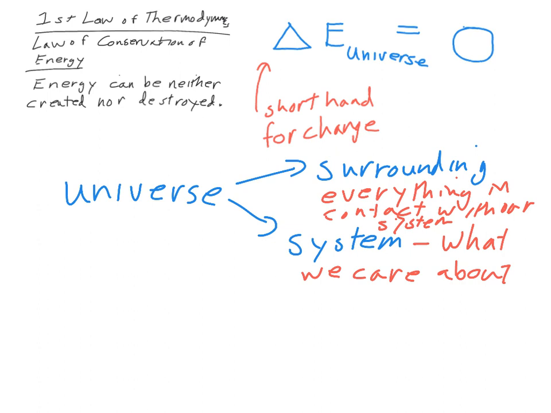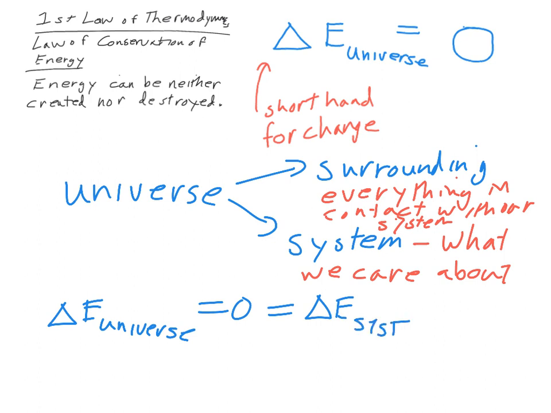Since the change in the energy of the universe is equal to 0, and we divide the universe into two parts, the surroundings and the system, that means that any change in the energy of our system has to be balanced out by an equal and opposite change in our surroundings.